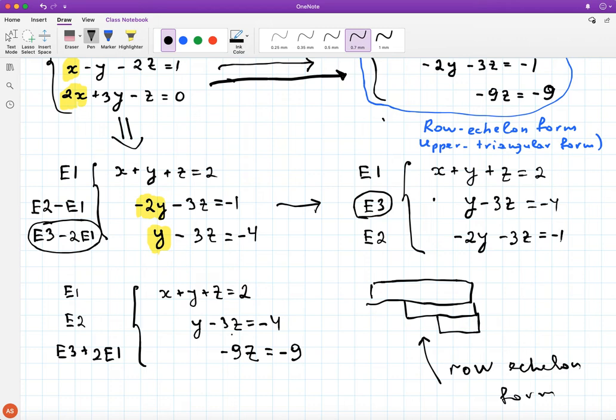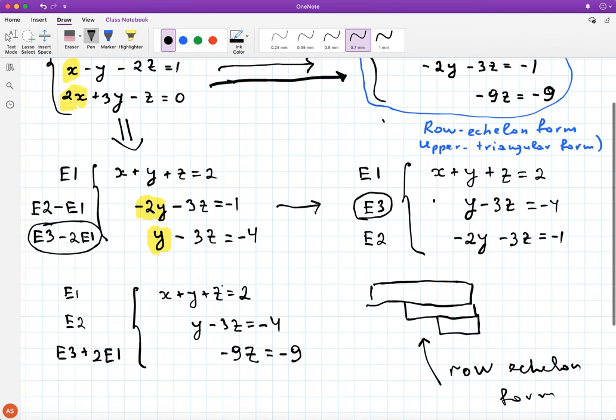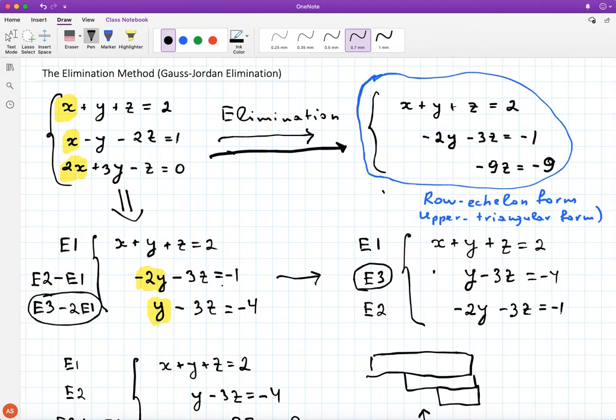Before we go on to another example, I'd like to comment that here I showed you elimination where the x variable is eliminated first and then the y variable is eliminated from the bottom equation as well. Now this order of elimination doesn't necessarily have to be taken this way. We can eliminate variables in a different order.